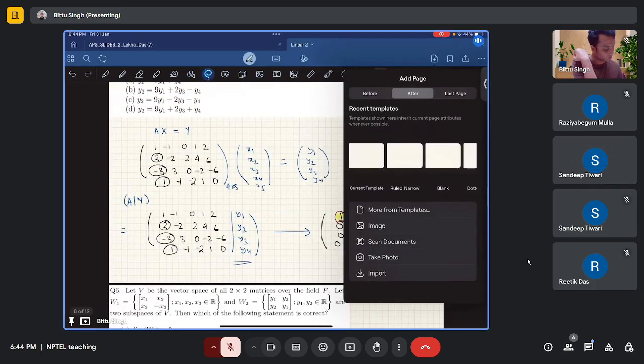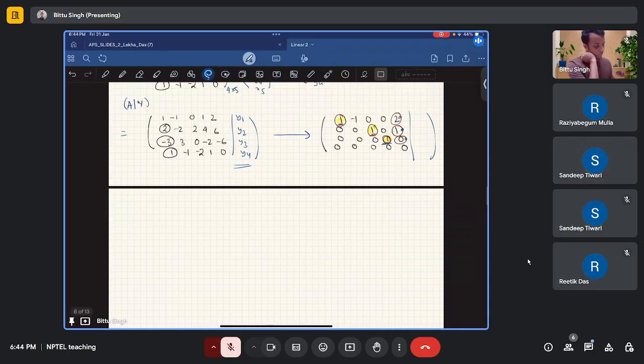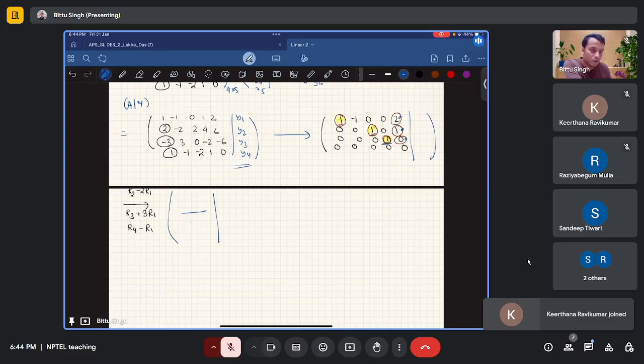Let me add an extra page. So first, apply these operations, right? I am not interested in what is happening here, but the main interesting thing is what is happening on those y1, y2, y3, y4, because we have already computed those things.